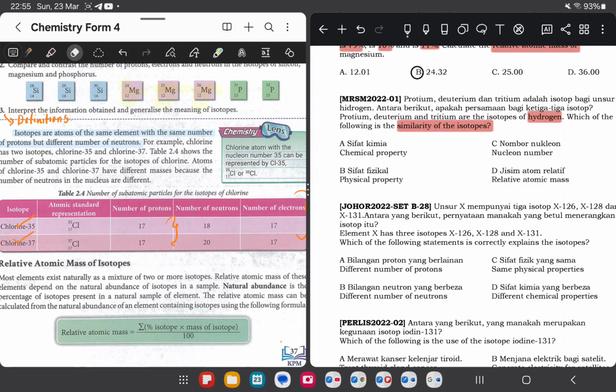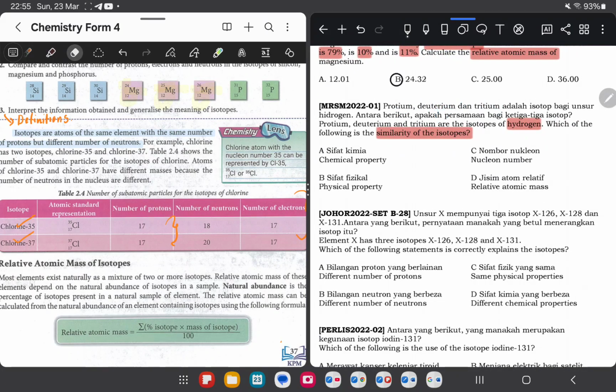You remember that isotopes naturally exist as atoms, correct? So in atoms, the number of protons and electrons is the same. If protons and electrons are the same, you must understand that electrons determine the chemical properties. In this case, protium, deuterium and tritium have the same number of protons, so the number of electrons is also the same for all 3.